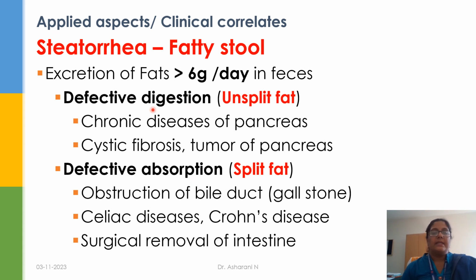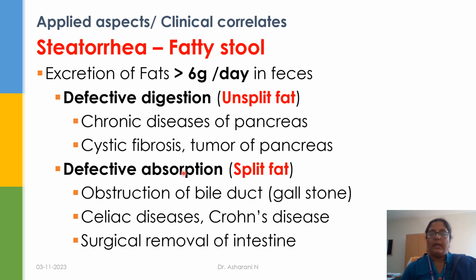When digestion itself is defective, there is no splitting of fat. That's why if there is a defect of digestion, unsplit fat is excreted. So for example, in cases of chronic diseases of pancreas, pancreatitis, cystic fibrosis, tumors of pancreas, where we don't have pancreatic juice and in turn the enzymes required for digestion, there is no splitting of fat, and that's why in these conditions unsplit fat is excreted.